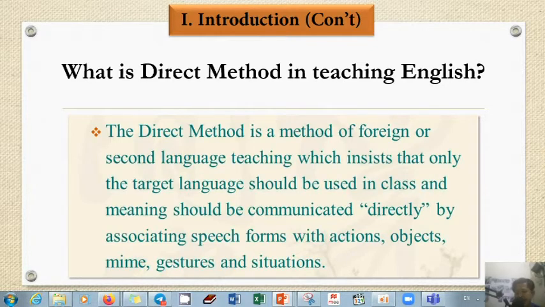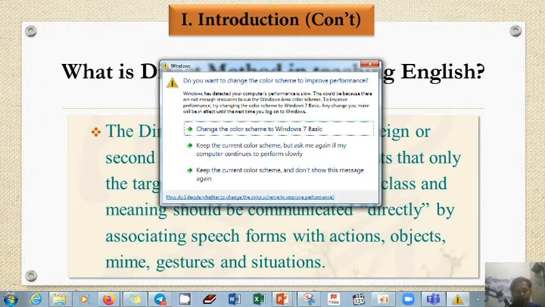We speak face to face, teacher and student, directly, associating speech form with action, objects, mime, gesture, and situation, rather than writing or just grammar. This method is highly beneficial to second language teachers like me to succeed effectively in a teaching career.